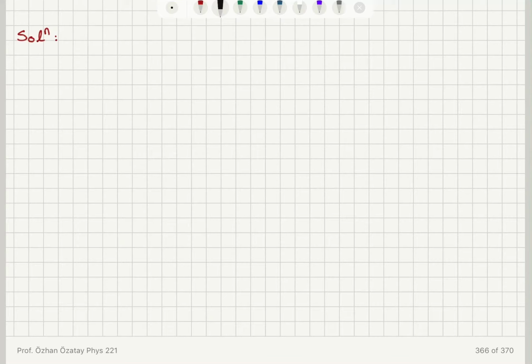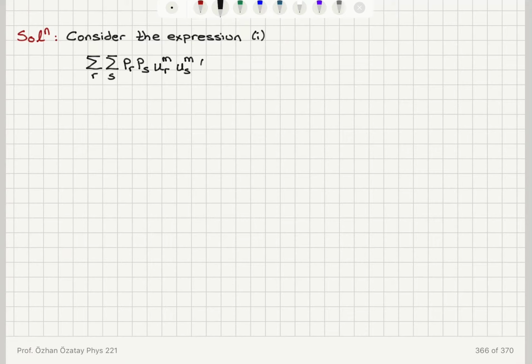Let's consider the expression given in I, where we have the sum over R, sum over S, all possible values of R and S, PR, PS, U sub R to the M, U sub S to the M, (U sub R minus U sub S) squared.